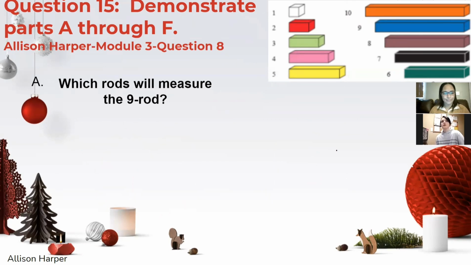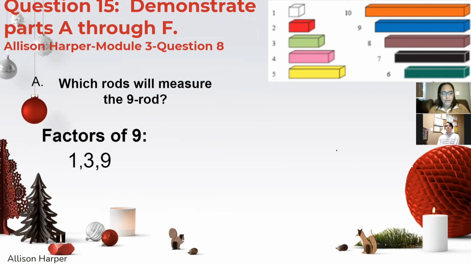Allison, demonstrate parts A through F. Okay, so A says which rods will measure the 9 rod. So to figure this out, the first thing that we do is we find the factors of 9. The factors of 9 are 1, 3, and 9. And that's how we got our factors.